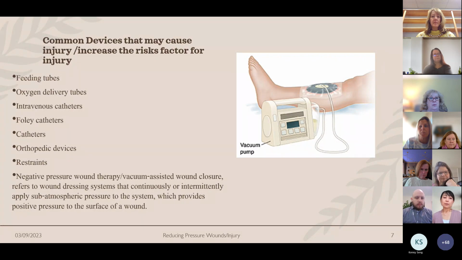Negative pressure wound therapy or vacuum-assisted wound closure refers to a wound dressing system that continuously or intermittently applies subatmospheric pressure to the system, which provides positive pressure to the surface of the wound. Sometimes the doctor would like to do this approach, and this also can increase the risk for injury for sure.